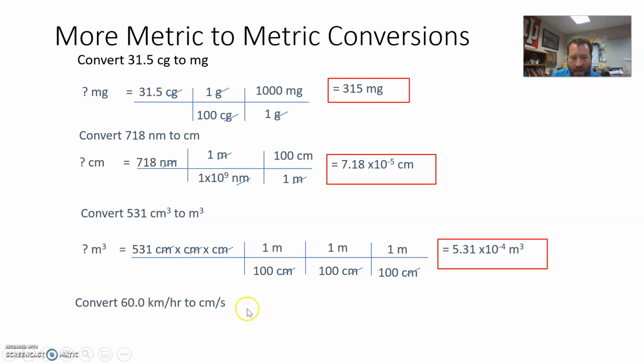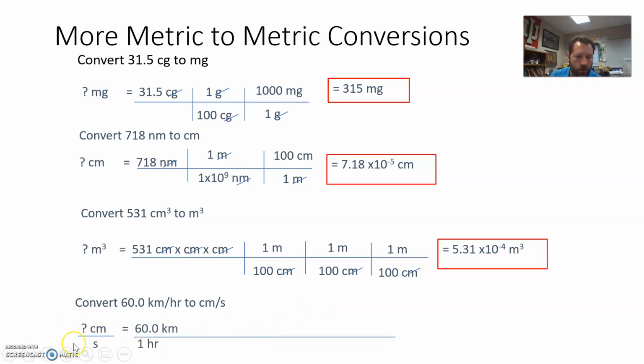Anytime you see a slash, make it a line over another line. Centimeters per second. It's the same exact thing, but don't use that slash. They're very hard to work with mathematically. Instead, I want 1 unit on top, 1 unit on bottom. Just make it a lot easier to work with mathematically.